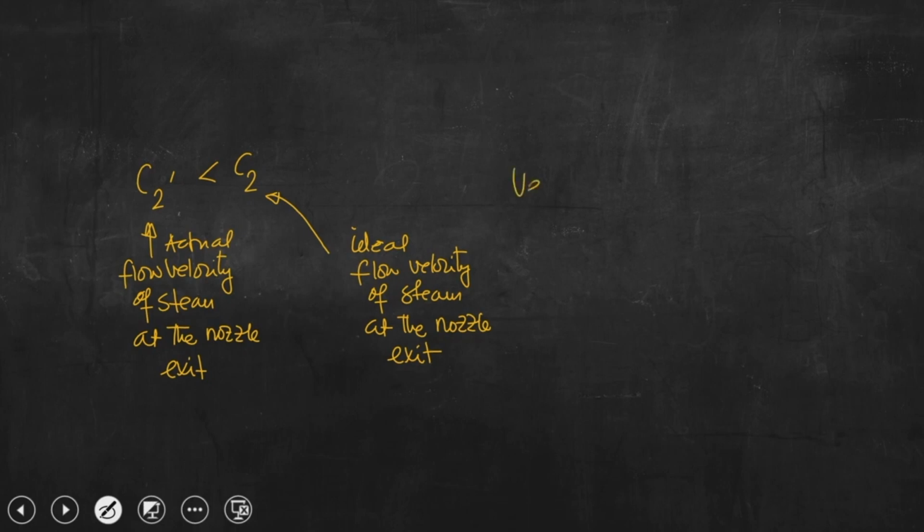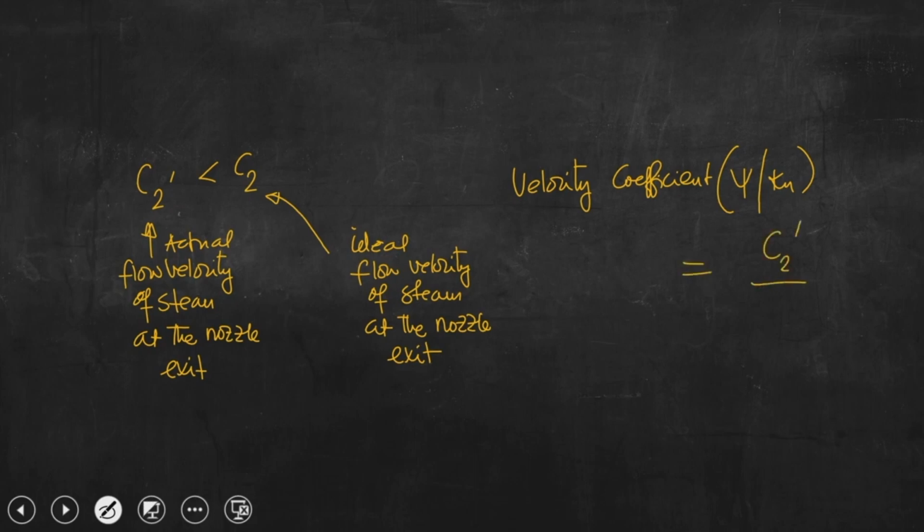So C2 prime is not equal to C2, and because of this reason one coefficient is defined, called the velocity coefficient, symbolized either by psi or Kn. In some books the velocity coefficient is denoted by psi, and in a few books by Kn, and that is nothing but C2 prime divided by C2.